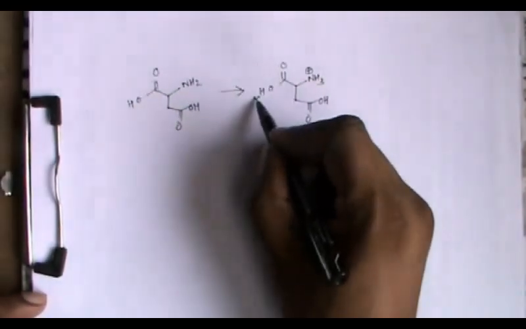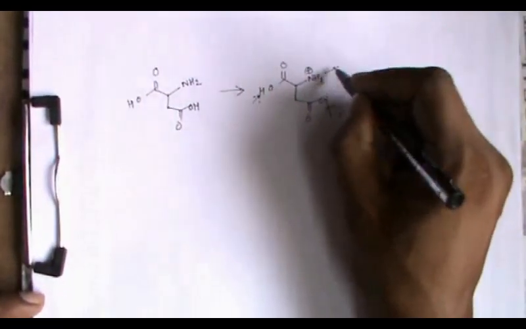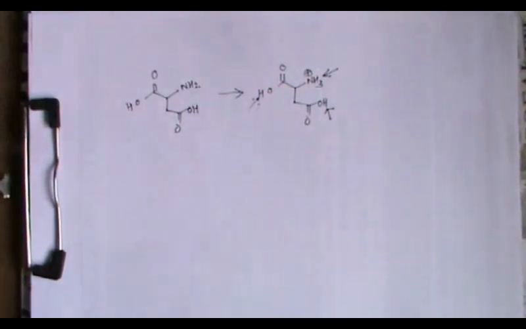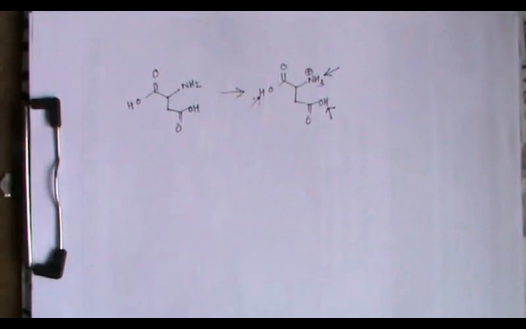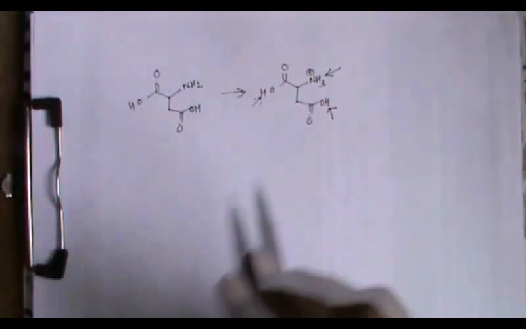This OH can undergo dissociation, this OH also, and this one. In the case of glycine and neutral amino acids, we have only 2 acidic hydrogens. But in acidic amino acids, that is negatively charged amino acids, we have 3 acidic protons.